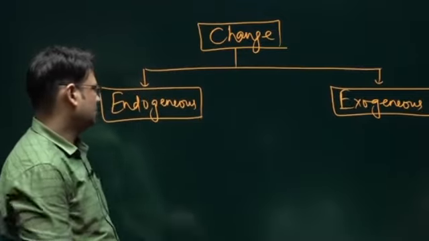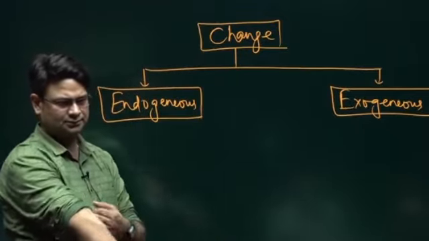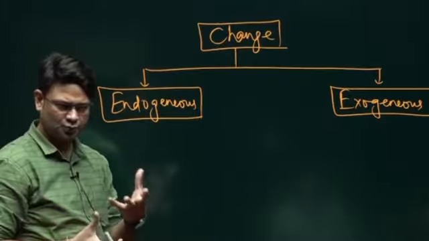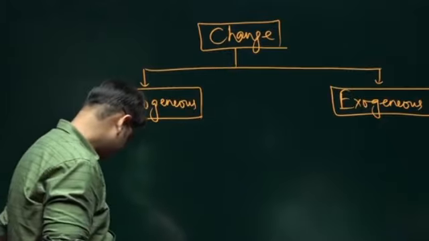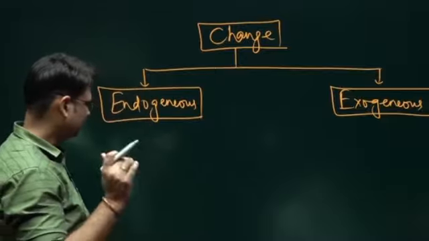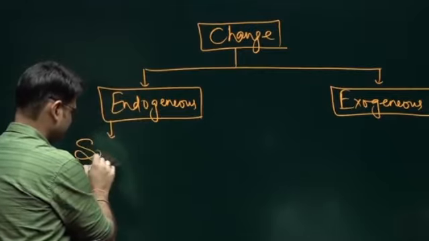Yogendra Singh also talks about orthogenetic and heterogenetic changes in Indian tradition, right? In orthogenetic, that means within the system, within Indian society. So within the system we can say Sanskritization.